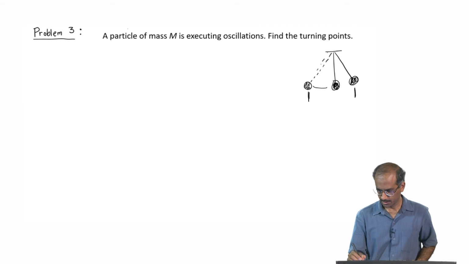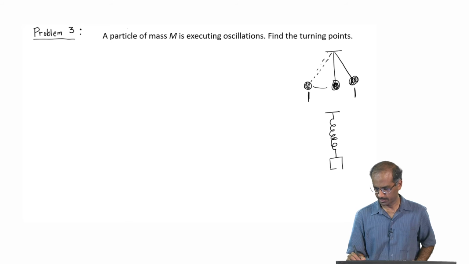For instance, think of a mass that is oscillating from a spring which is tied to a rigid support like this, and let us say that this is its equilibrium position.